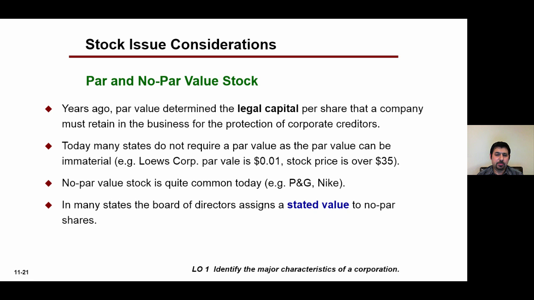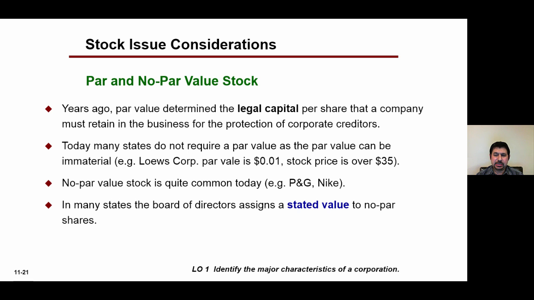In the past, the charter would indicate the par value of the stock of a certain company, which is basically the legal capital per share that the company is required to keep in the business, and not to withdraw, in order to protect creditors and lenders.